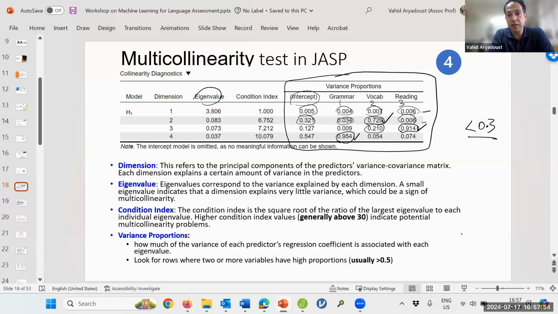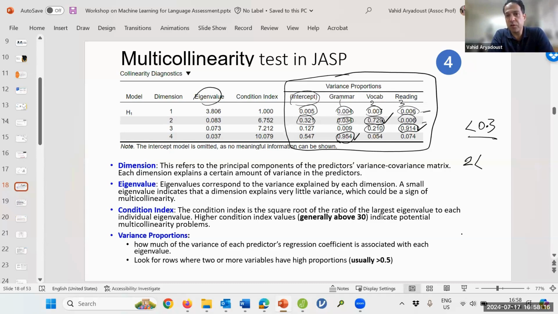Otherwise, at least 2 of these cells in each row, 2 and above, would have been large enough, for example, larger than 0.3, 0.4, and definitely something like 0.5 would be worrisome.